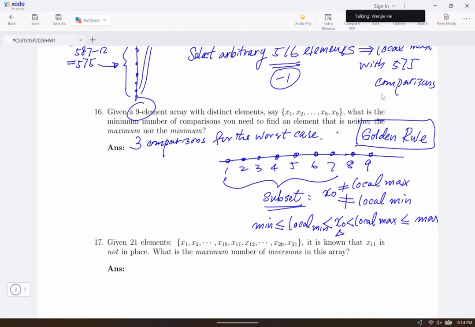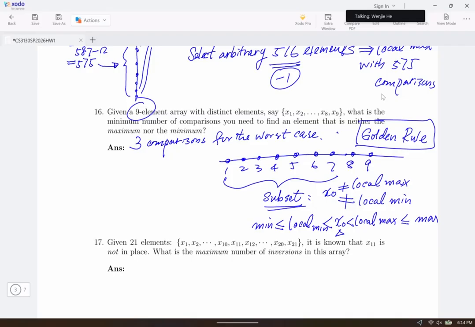If you understand this idea, now we have freedom to choose the subset, right? When we have freedom to choose the size of the subset, what is the best case scenario for the subset? So we want to choose the minimum number of elements in the subset, right?